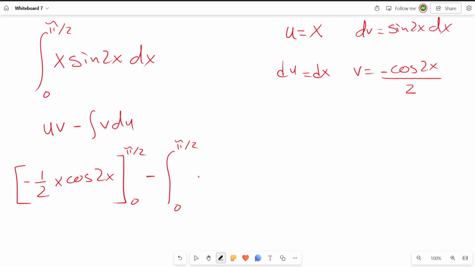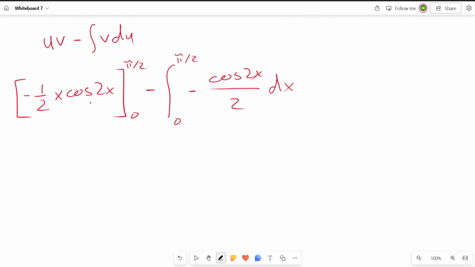So what is v? It is minus cosine 2x over 2. Du is basically dx. So over here, I'm going to leave it as it is right now. So it's going to be minus half x cosine 2x from 0 to pi over 2.